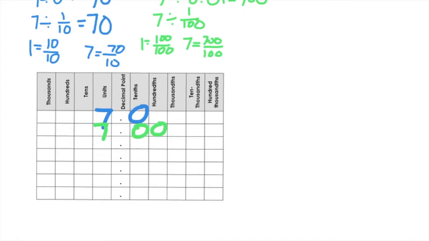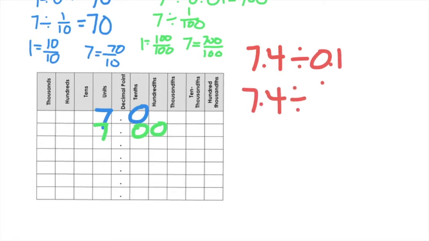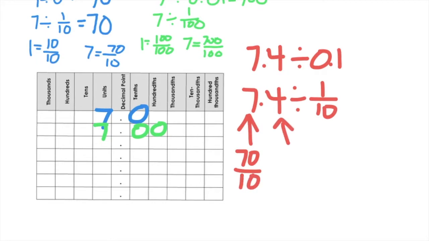Let's try with some more complex numbers. What if you had 7 and 4/10 divided by 1/10? 7.4 divided by 1/10. Well, in 7 wholes, that's 70 tenths. In 4/10, well, that's easy. You can hear it when I say it. In 4/10, there's 4/10. So when I add those together, that's 74 tenths.